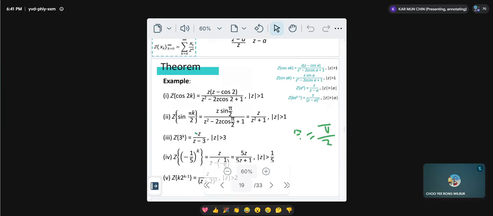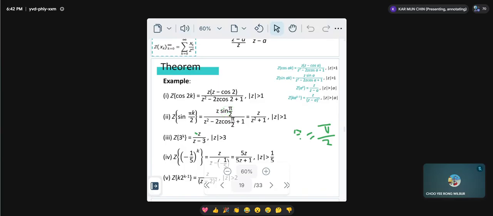Then it's sine, so just put Z sine A. So Z sine pi over 2 over Z squared minus 2Z cos pi over 2 plus 1. In this case, pi over 2 will be 90 degrees, then you use your calculator to simplify it.